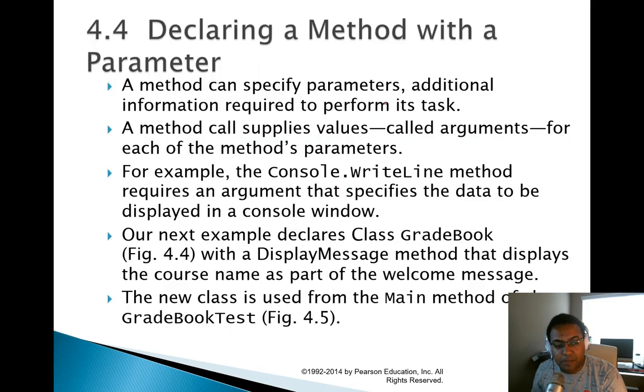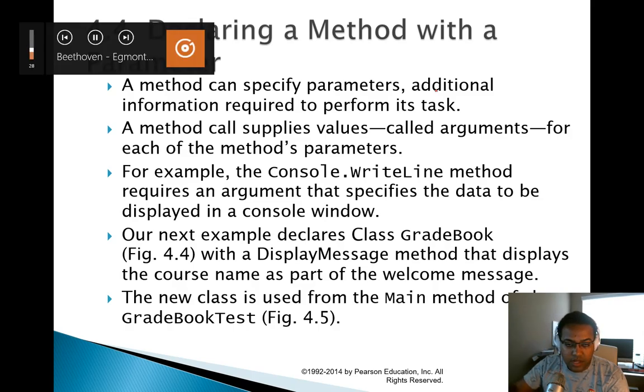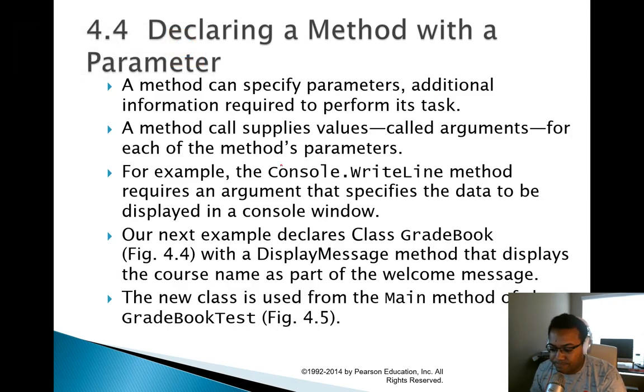A method can specify parameters, and I showed you how to do that with the other program that we wrote with the console.readline before we did gradebook. We created parameters that we can fill with arguments.